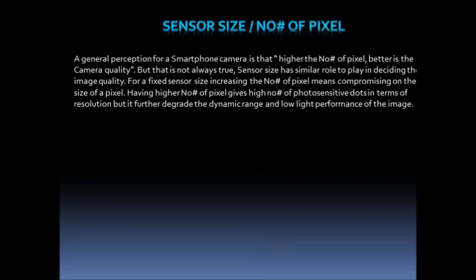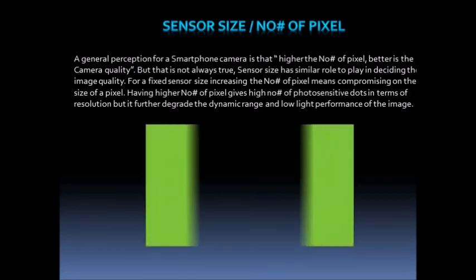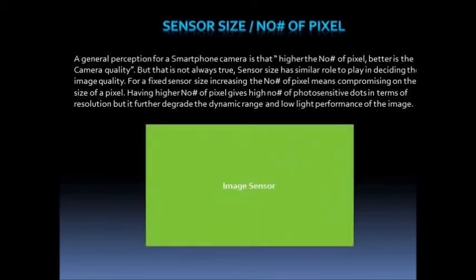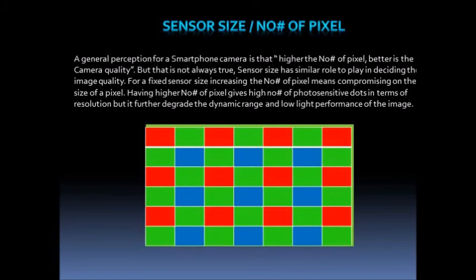So for a fixed sensor size, increasing the number of pixels definitely means that we are reducing the size of the pixel, and reducing the size of the pixel reduces the dynamic range and reduces the low light performance of a camera. So that's how we can visualize here that we have a sensor of, like, 6 into 8.